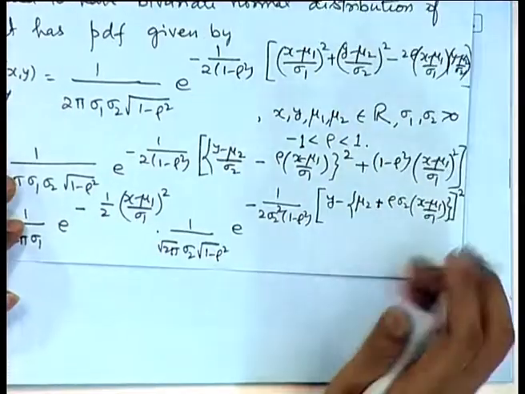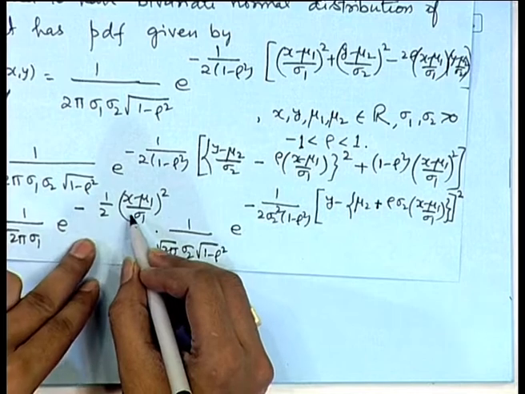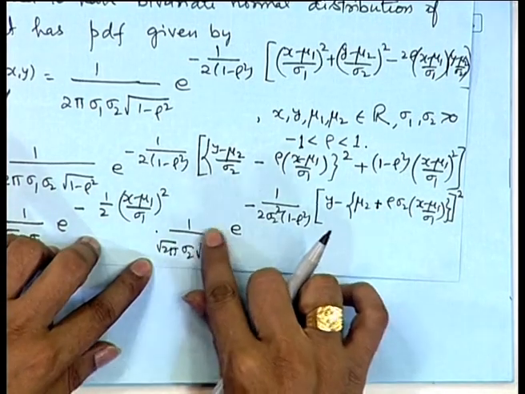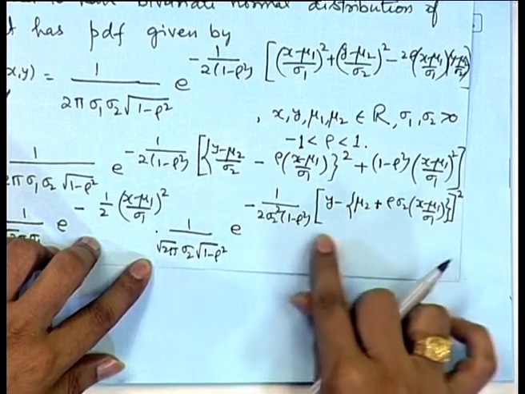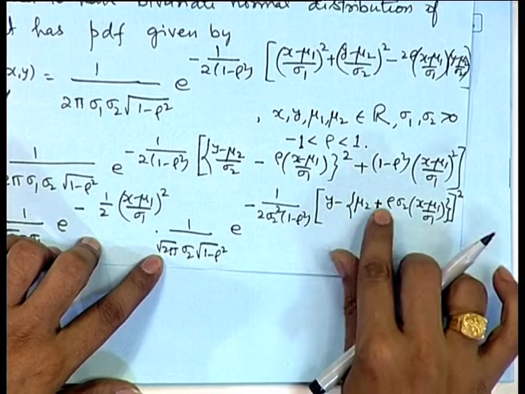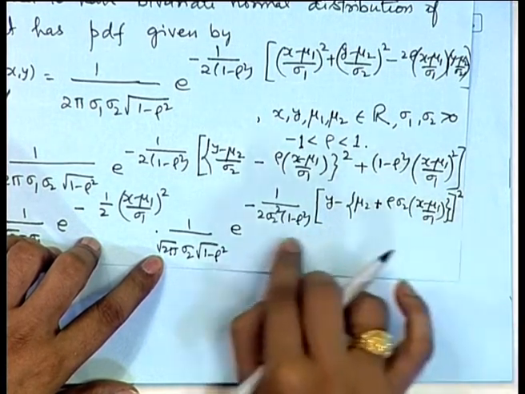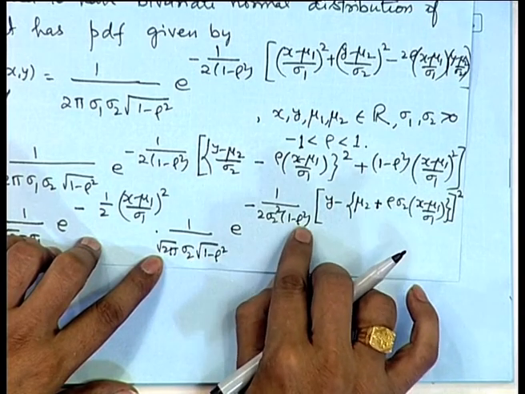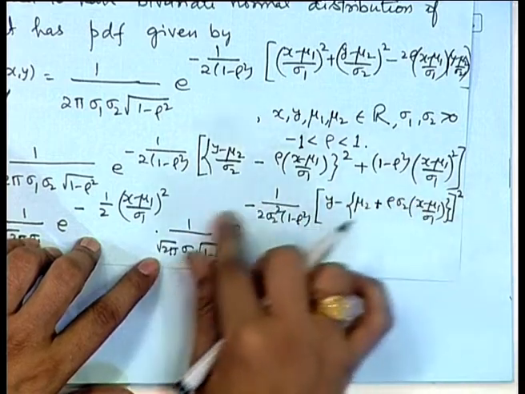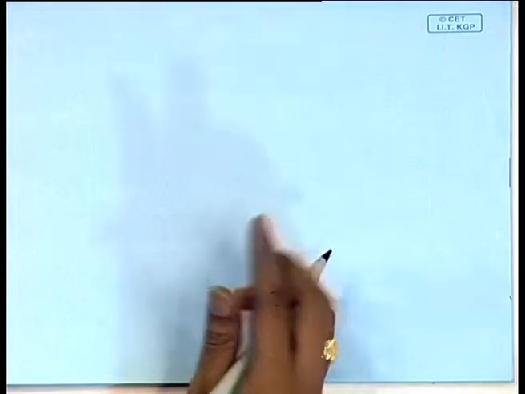So, if we want to find the marginal distribution of x, we can integrate this with respect to y. We notice here that this entire term denotes a distribution which is normal with mean mu 2 plus rho sigma 2 (x minus mu 1) by sigma 1 and variance sigma 2 square into (1 minus rho square). So, if we integrate with respect to y, this term will give us unity and we will get only the other term.